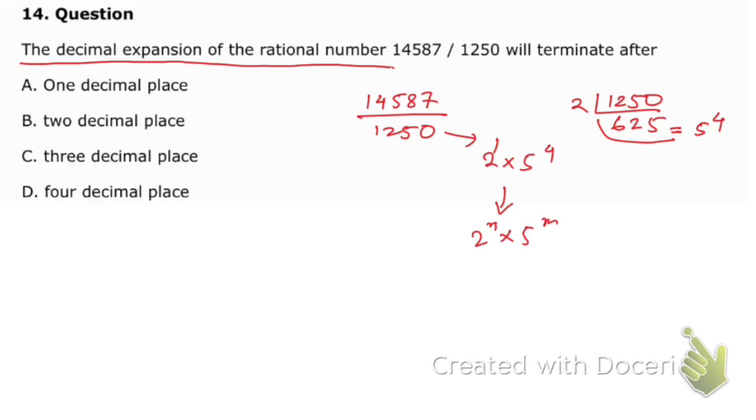As I have already explained, if n is greater than m, then after the decimal there will be n digits, and if m is greater than n, then after the decimal there will be m digits. So here 4 is greater than 1, so after the decimal there will be 4 places. So D is the correct option.